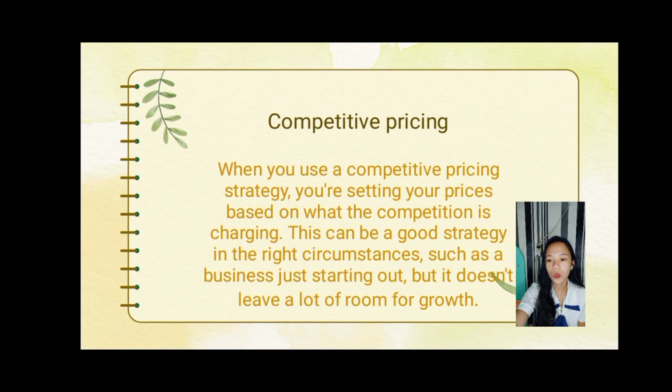When you use a competitive pricing strategy, you're setting your prices based on what the competition is charging. This can be a good strategy in the right circumstances, such as a business just starting out, but it doesn't leave a lot of room for growth.